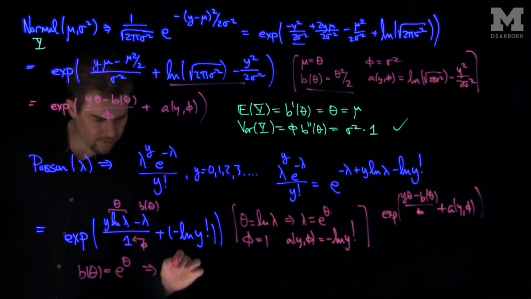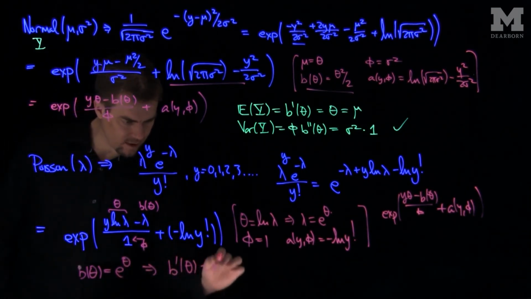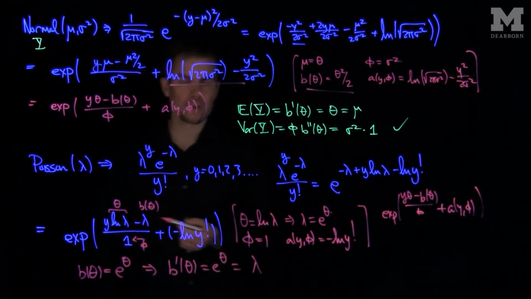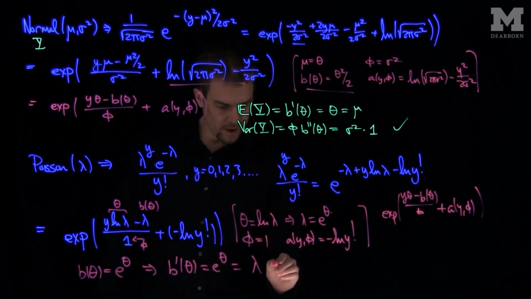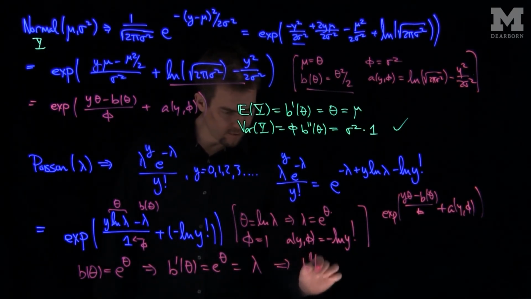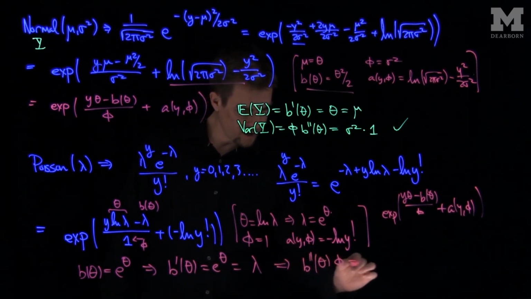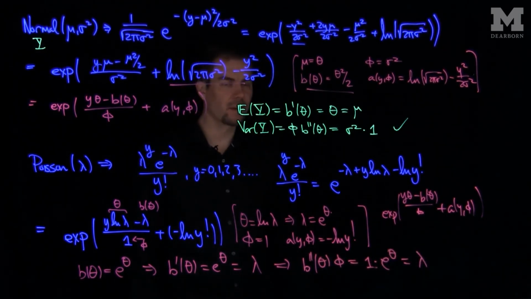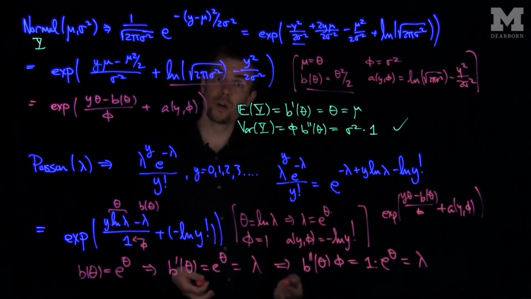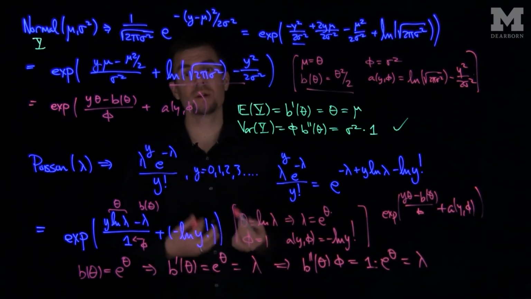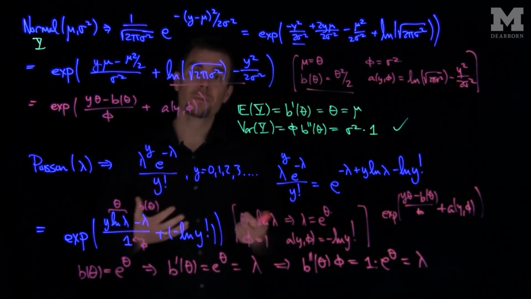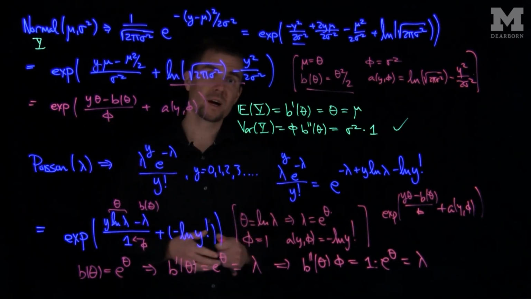And so what's b prime of theta? B prime of theta is just going to be e to the theta, and that's equal to lambda. And indeed, we know that the mean of a Poisson is lambda. Let's do the variance. B double prime of theta times phi is 1 times e to the theta, which is also equal to lambda. And so the variance of a Poisson is lambda, and that checks out with what we know. We know that if you have a Poisson lambda distribution, its mean and variance are both equal to the parameter lambda.